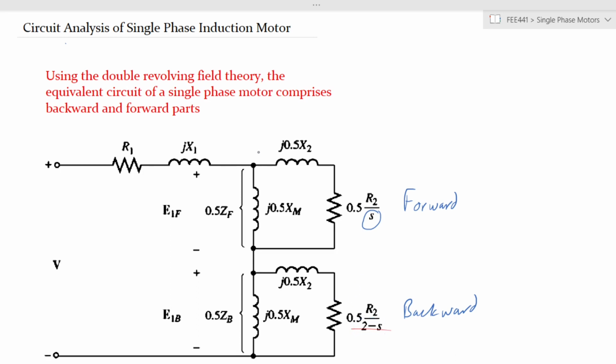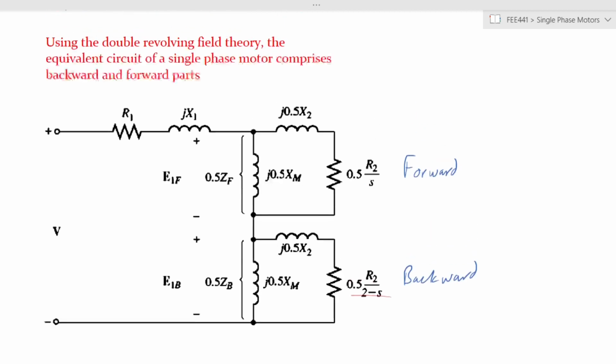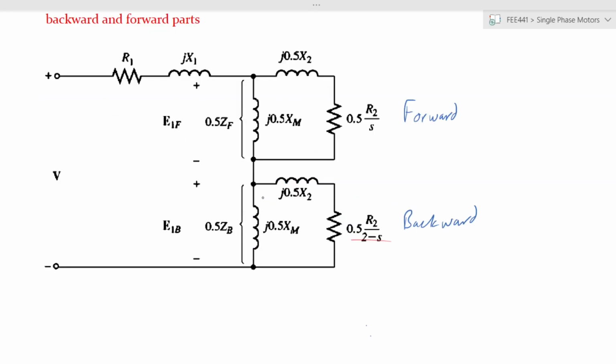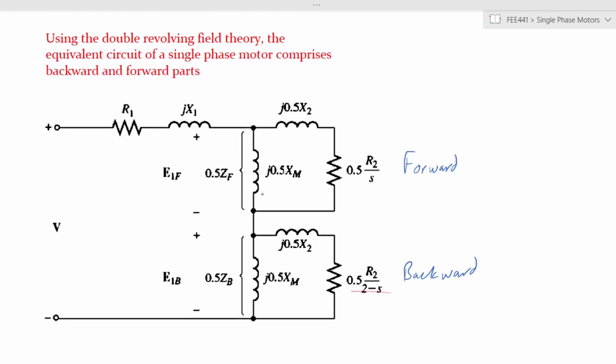component. Now, this is very similar to the per phase equivalent circuit of a three-phase induction motor. We have the stator components, the rotor components, and the magnetizing inductance that we had in the previous three-phase induction motor equivalent circuit.